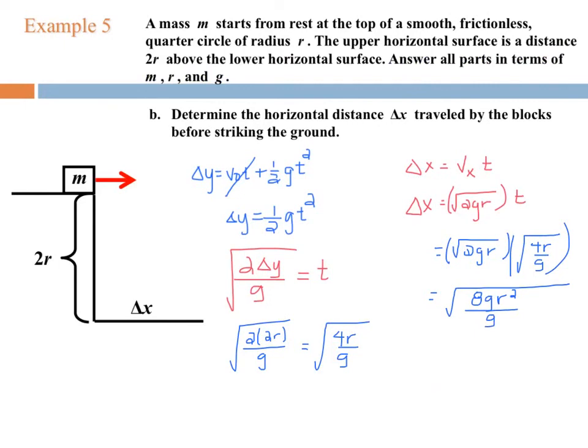And then again, I notice my g's should cancel out. And I'm left with the square root of 8r squared, or 2r times the square root of 2 as my final answer.